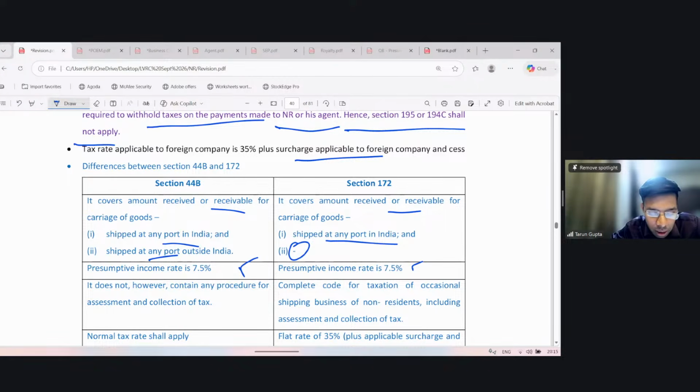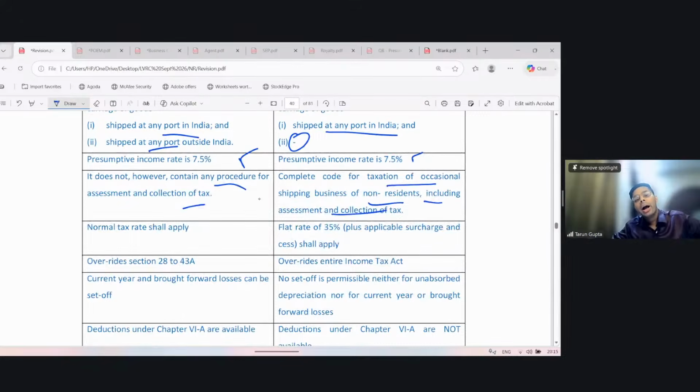44B does not have a procedure for assessment or collection of tax. But 172 is a complete code in itself for taxation of occasional shipping business of non-resident, including assessment and collection of tax. If income is computed under Section 44B, the normal tax rate shall apply. However, in case income is computed under Section 172, a flat rate of 35% plus applicable surcharge shall apply.